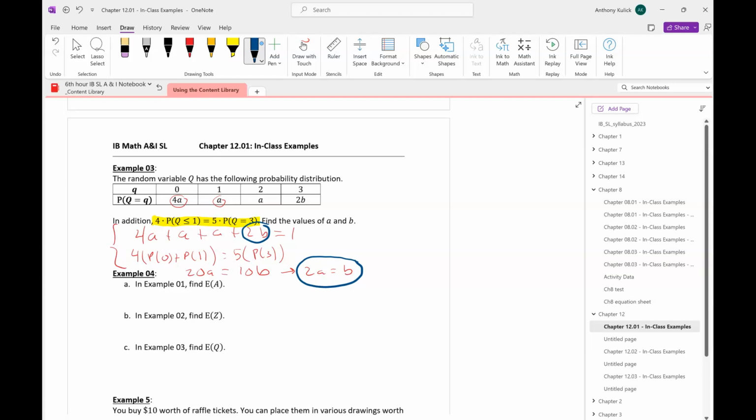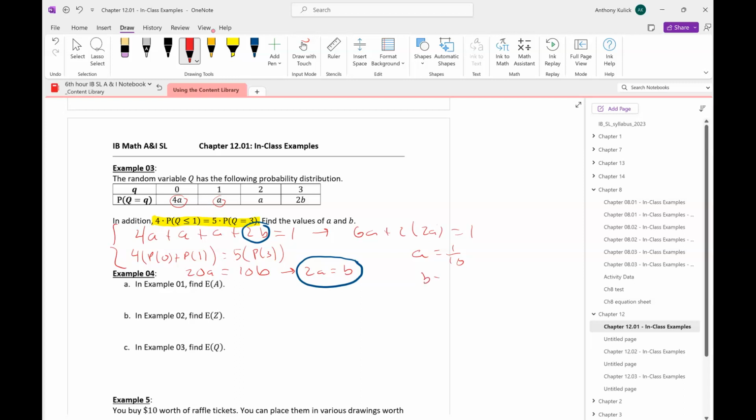Make a substitution. 4A is 3, so I have 6A plus 2 times 2A, all equals 1. And hopefully it doesn't take too much effort to see that A has to be 1/10. You see that?